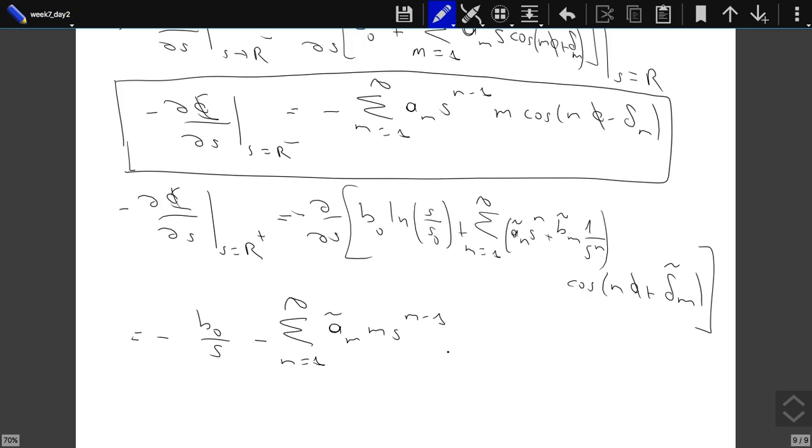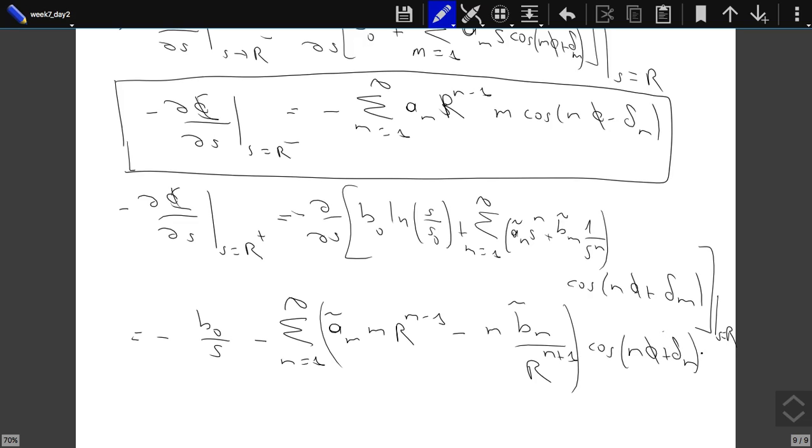Well, here of course S is now R. Here also S will be equal to R. Minus m Bm tilde over R to the power m plus 1 times cosine m phi plus delta m tilde delta m.